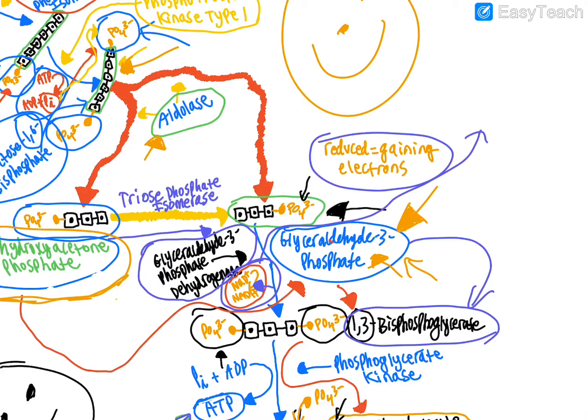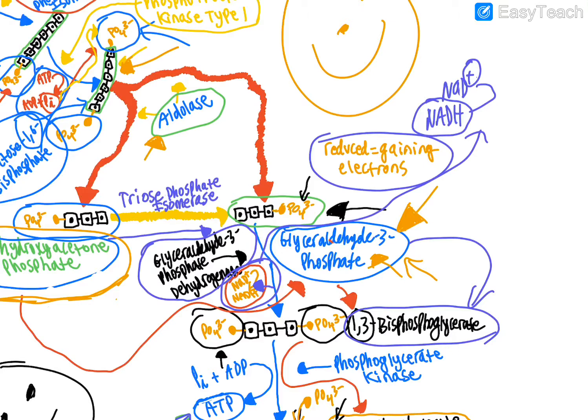We're putting in NAD+, and NAD+ is getting reduced in this step because it's gaining electrons. Originally it had a formal charge of +1, so it had 1 less electron, and then we gained electrons to make NADH. It lost that +1 formal charge, meaning it got more negative.